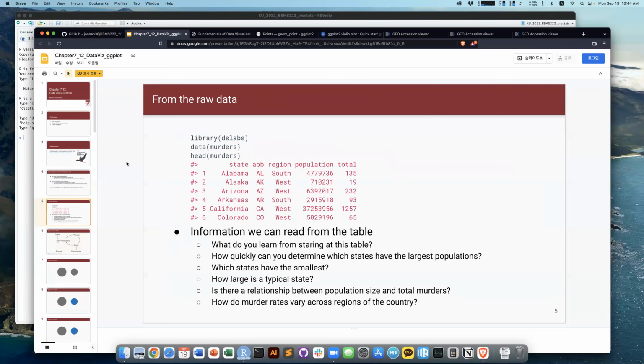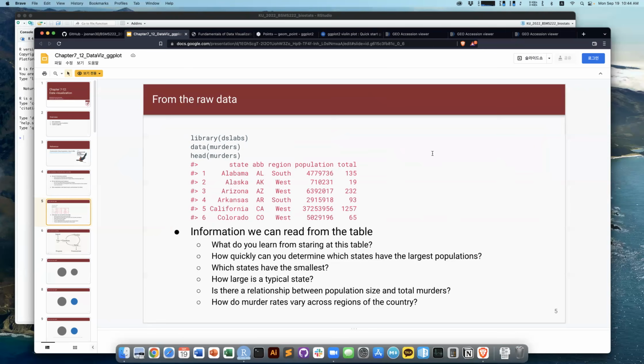Okay, so how can we get information from the data set? In a situation without visualization, if you look at the raw data, this looks like text, a two-dimensional situation. So this is an example from our tutorial set, right?